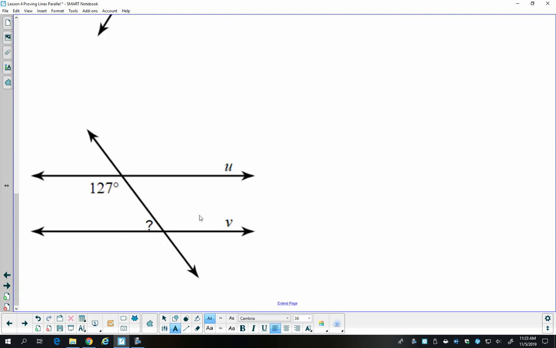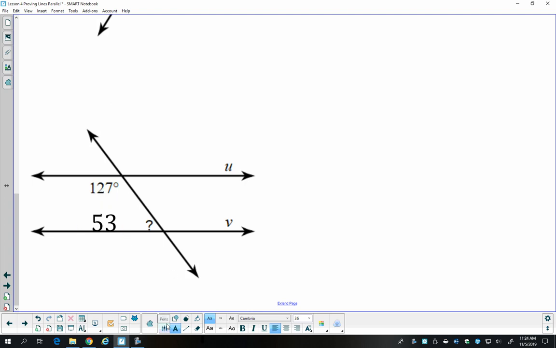I got one more here. I have angles that are interior to U and V. They're on the same side of the transversal this time. We know that if same side interior angles are supplementary, or they add to 180, then our lines must be parallel. So we're just going to subtract this 127 from 180 and get 53.